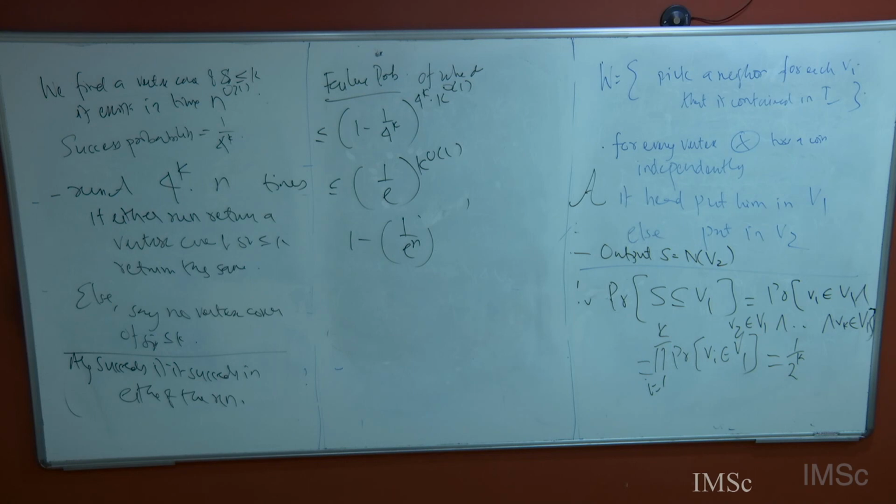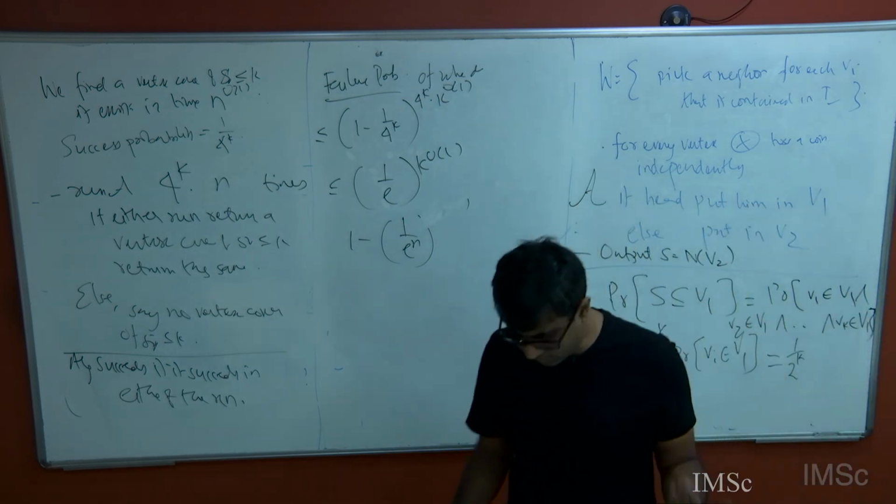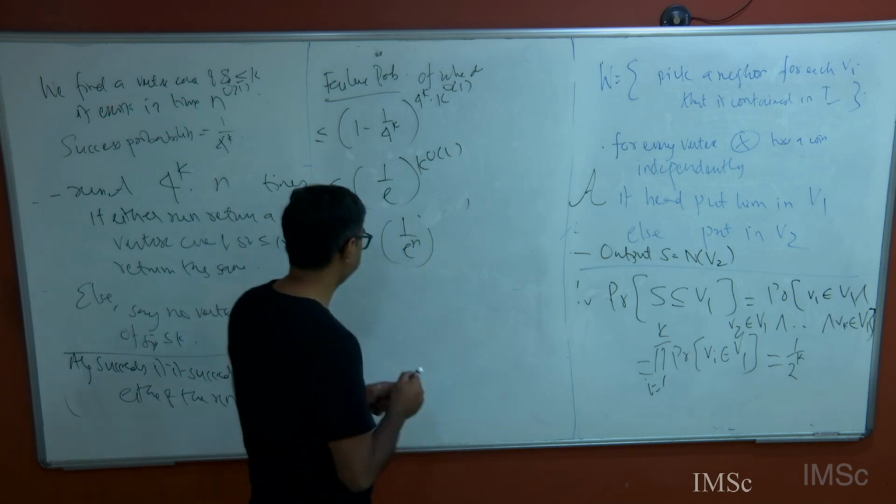It is FPT with respect to solution size, because it could be FPT with respect to solution size, but it may not be FPT by max degree. Okay. So it is a randomized FPT algorithm. If you say that, I will agree, but it is definitely an FPT algorithm. Okay.